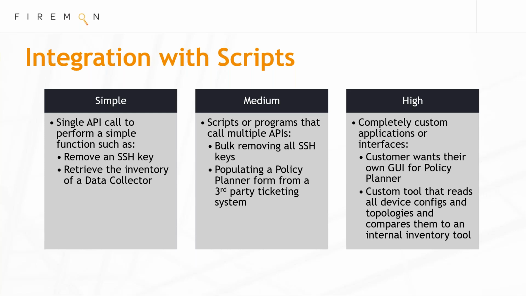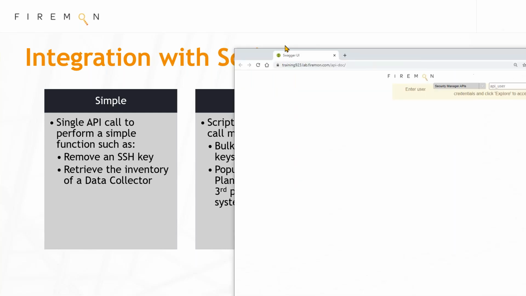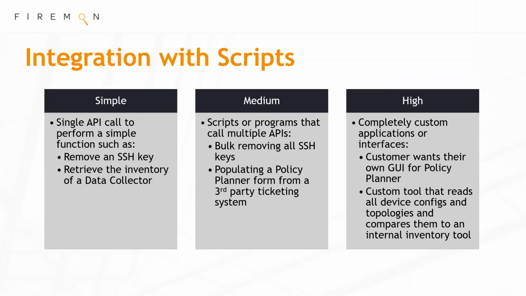Let me show you how you actually get at those APIs here in FireMon. Actually, I'm going to back up here a second. That took me directly to it, so I will show you how I reach it as opposed to showing you what it looks like.